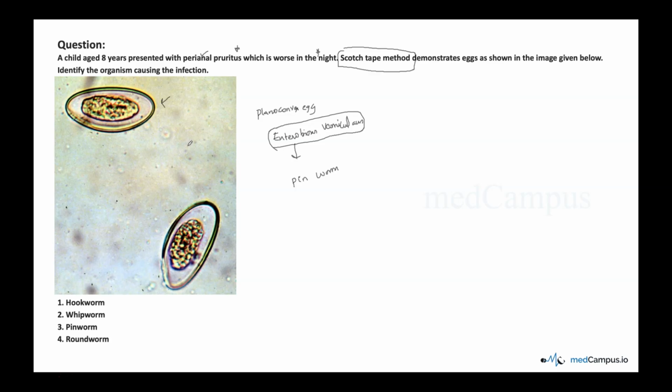The characteristic of pinworm infection is that it produces intense irritation and pruritus. Because of this, there will be scratching and excoriation of the skin around the anus. These worms come out at night and cause disturbance in sleep. So the answer here is pinworm.